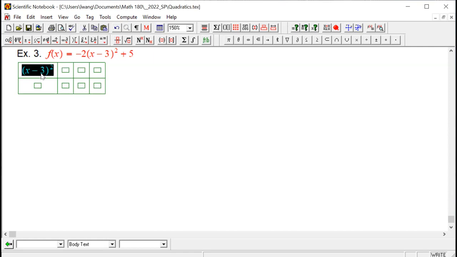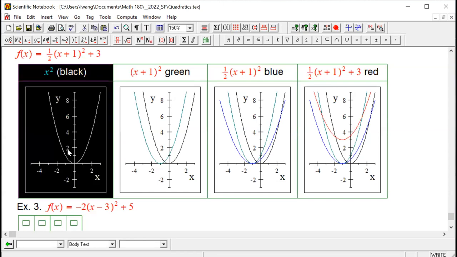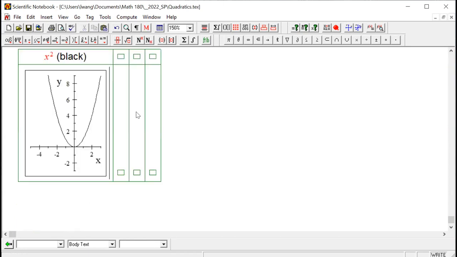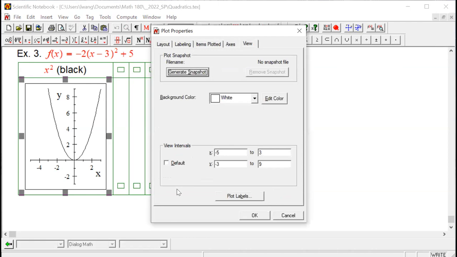Never mind. I need to copy this piece. Sorry about that. I think I'm tired. So we're going to do (x - 3) squared. Since this is shifting to the right by 3 units, I'm going to make just a little bit of adjustment to my picture.